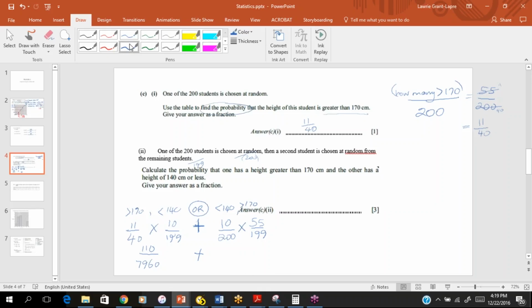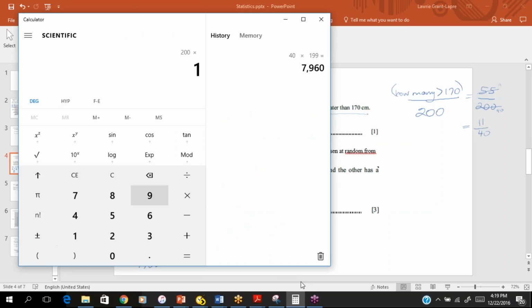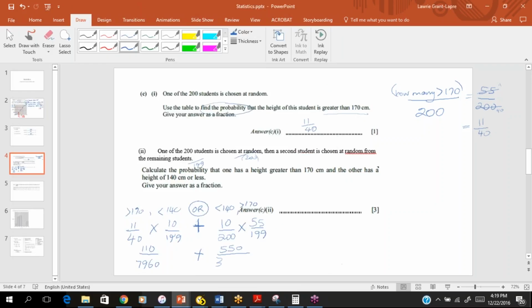Go back to here. That's 550 over 200 times 199, which is 39,800. You can cancel that, and 5 into there goes 11, 5 into that is 796.